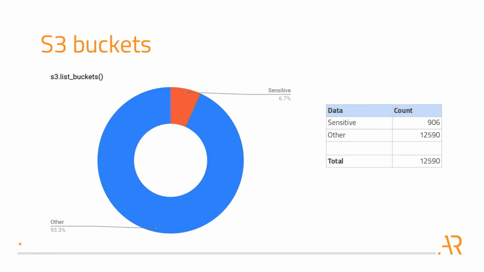But when you perform S3 list buckets, you get the bucket names. And if the bucket name contains the word secret, password, credit card, backup, then, all right, you're screwed, and that goes into the red part there of my graph.